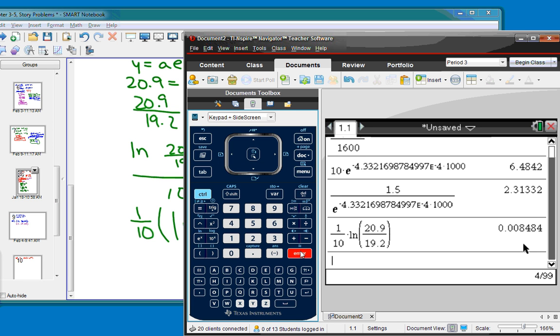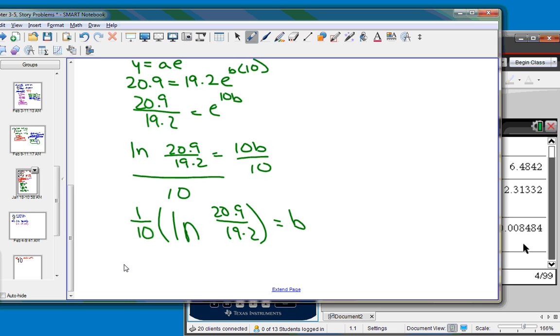What is that? That's my rate. That is my rate at which my births are increasing. Do we all understand that? So there's my B value. Now what do I do? Why did I have to find my B value?